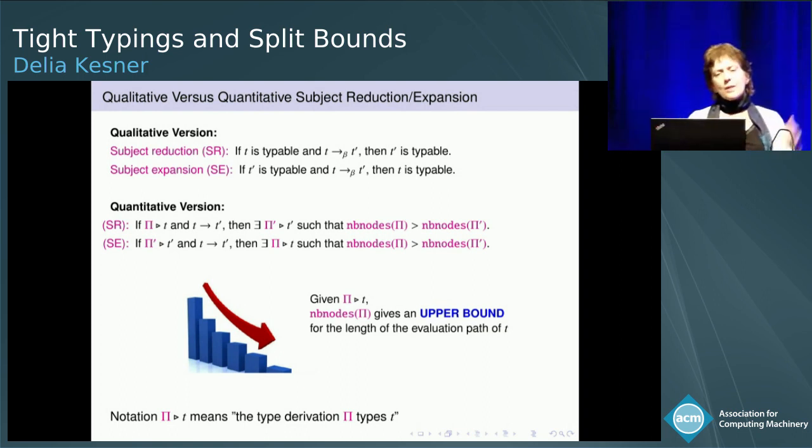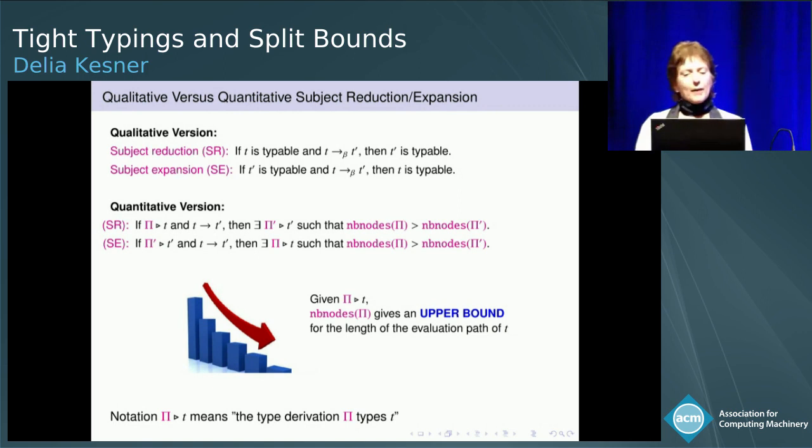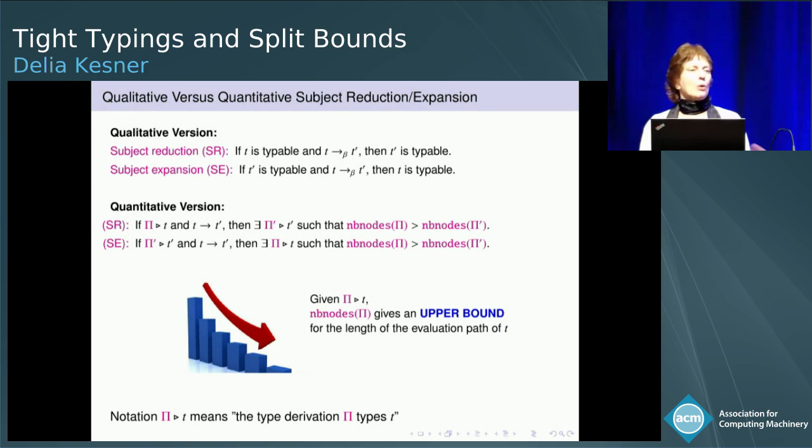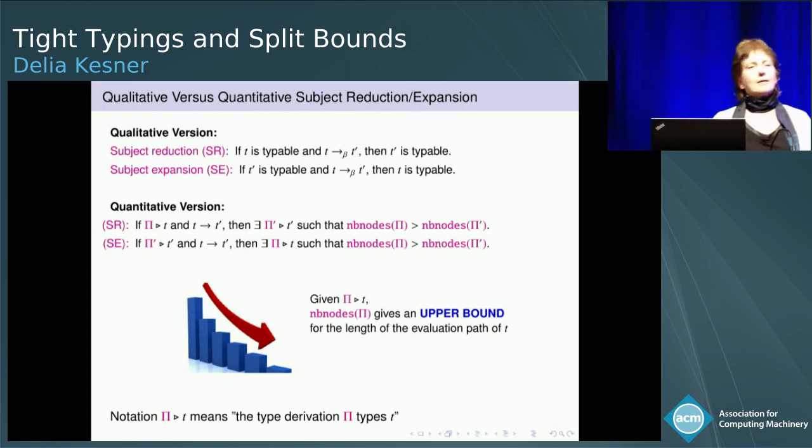And so this measure gives you an upper bound which is extracted from the typing derivation, but this upper bound is talking about something which is happening during reduction. So typically here, the number of nodes, if you want the number of application rules of the typing derivation, gives you an upper bound to the length of the evaluation path starting at a given term, okay?